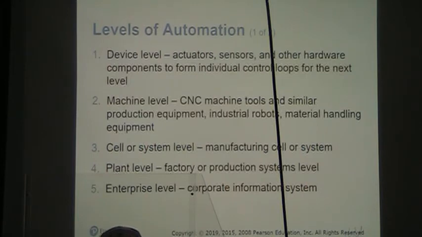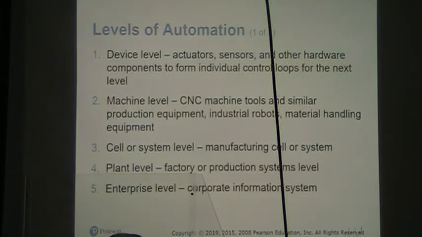The plant level, factory or production systems level, this is certainly a possibility. I would say Amazon does this with their shipping centers, where they have a coordinated system moving all its packages around. And at the enterprise level, we would consider that to be the corporate information system. What information are we gathering?